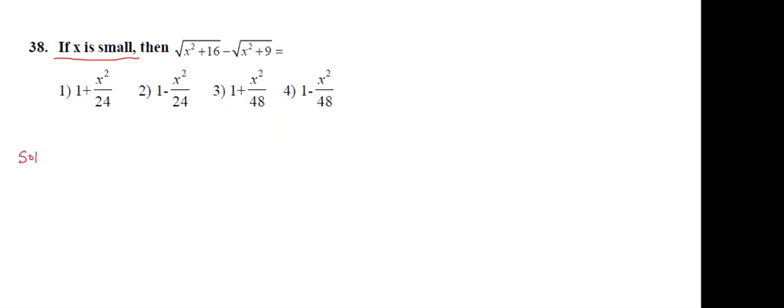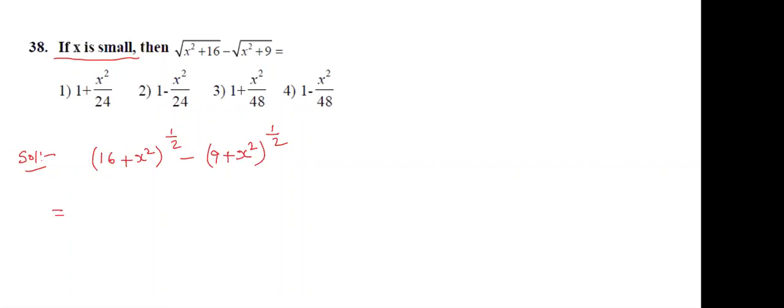Right. Now, see the question, what is given? Under root x square plus 16 is given. So I am writing (16 plus x square) whole power 1 by 2 minus (9 plus x square) whole power 1 by 2. First, convert this into the formula 1 plus x whole power p by q. We need to start with 1 now. So take 16 common.